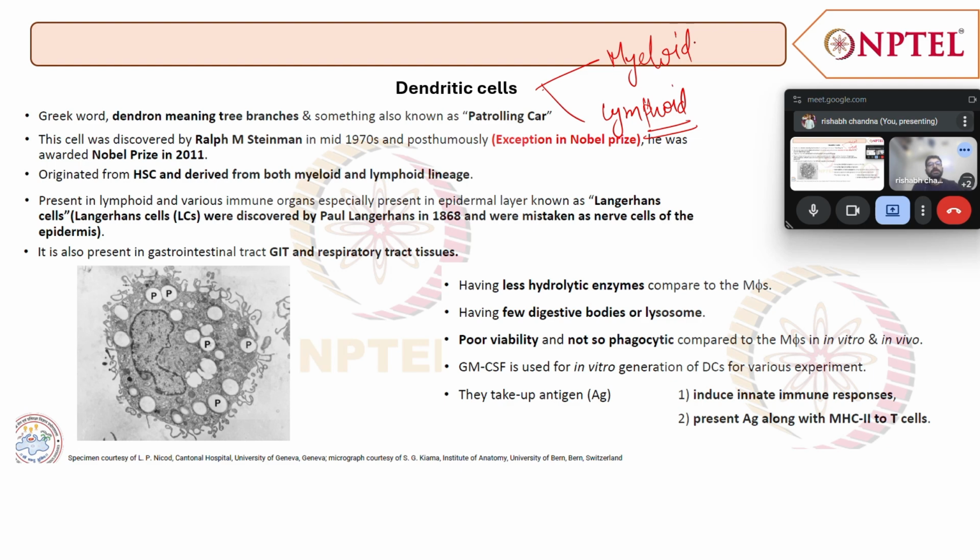Myeloid progenitors give rise to the dendritic cells present in the tissue, and lymphoid progenitor cells give rise to dendritic cells present in lymphoid organs that play a major role in maturation of the lymphocytes.